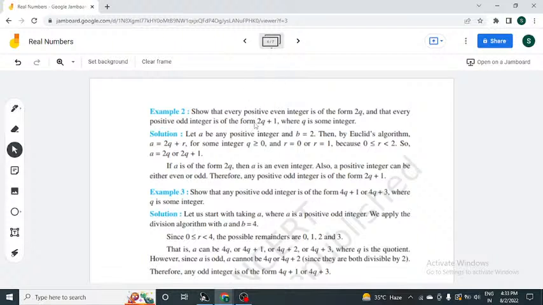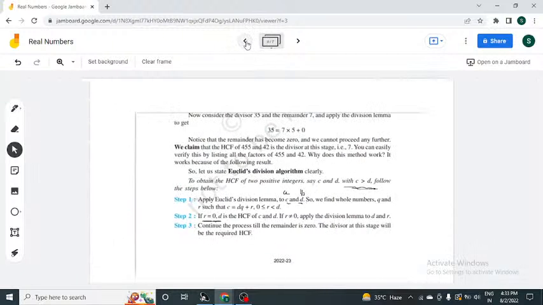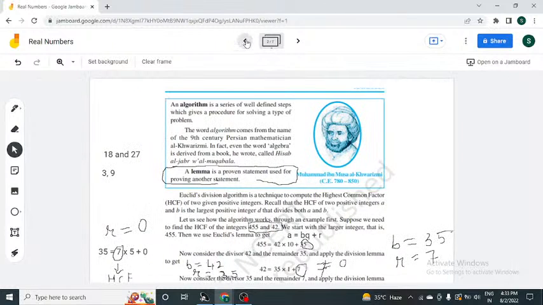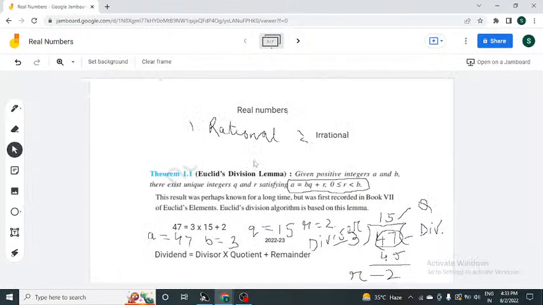Before we actually go into this example, we have to use a fact that we have learnt about the division lemma. So the fact that you have to use here is this one. I'm going to double circle it.